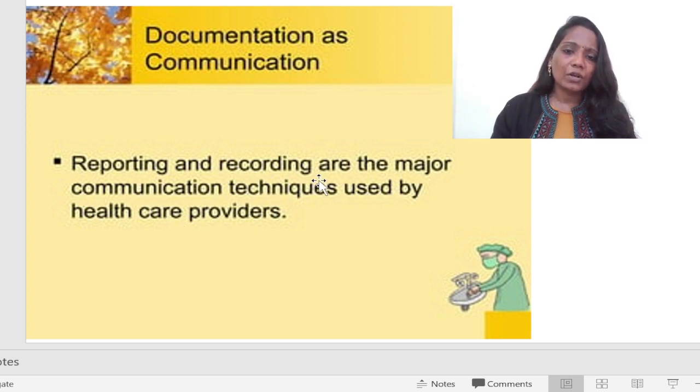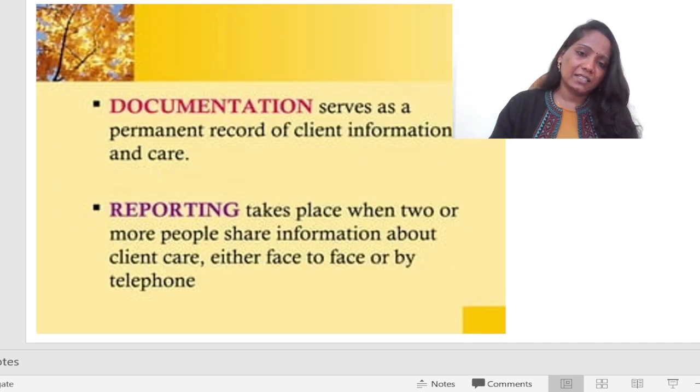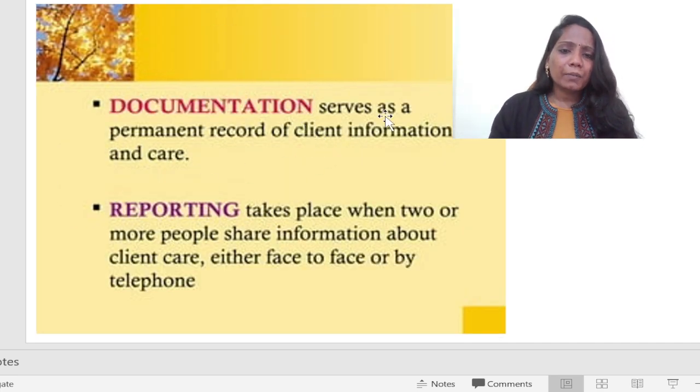Reporting and recording are the major communication techniques used by healthcare providers. Recording is nothing but what we call documentation, and it is the best communication method we are using in the healthcare setup. So, documentation serves as a permanent record of client information and care.